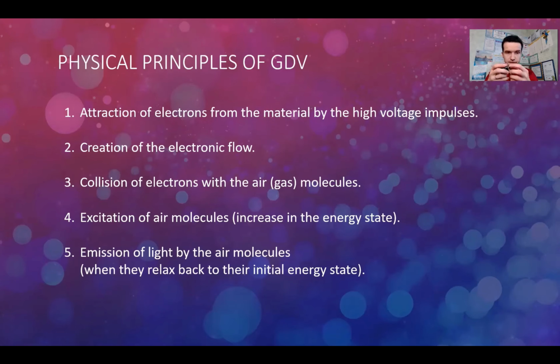Because of this difference in potentials, the electrons are flying away from the surface and the electronic flow is being created. Then these electrons collide with the air gas molecules, excite them, and the air molecules emit light. Our devices, 5-volt devices, and all other equivalent GDV devices are photographing this light.